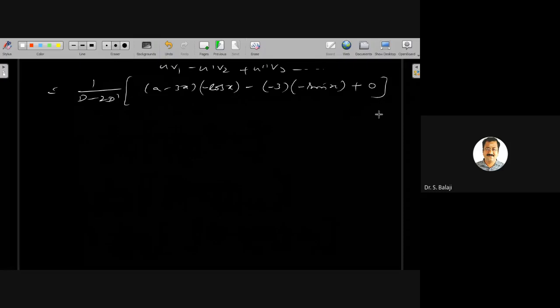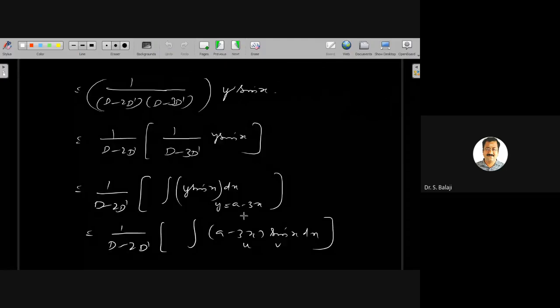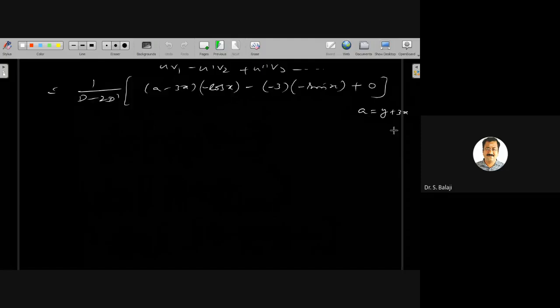After integration, you have to change a back to y + 3x, because y = a − 3x. So 1/(D − 2D′) of the expression, writing the signs minus, minus, plus, gives −y cos x − (−3)(−sin x)... that is, minus 3 sin x.